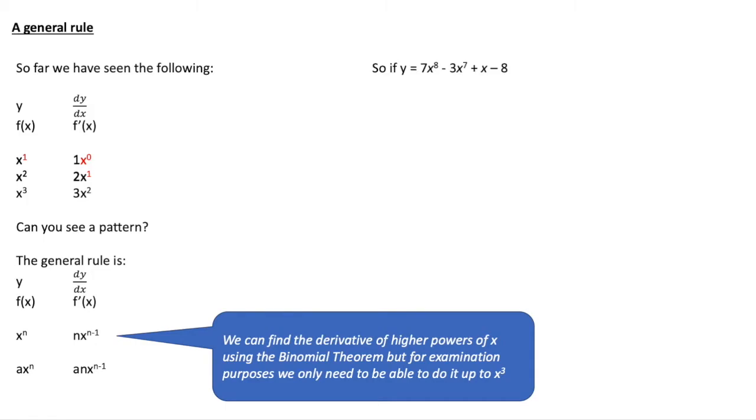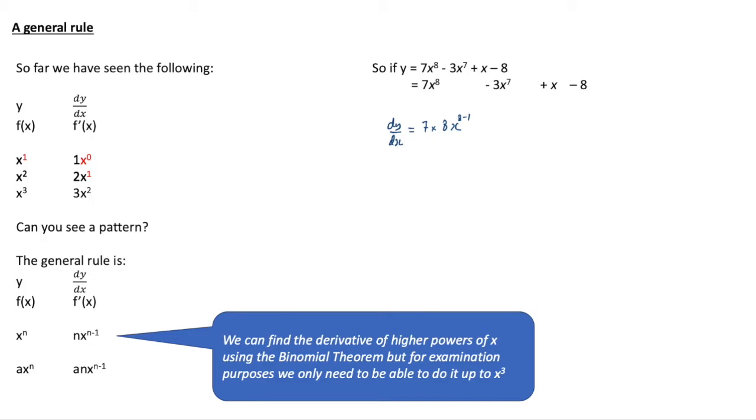So let's have an example. If we have the function y equals 7 times x to the 8 minus 3 times x to the 7 plus x minus 8, then when we differentiate, first of all I'm separating it because we need a bit more room. So dy by dx, well, the 7 we keep.